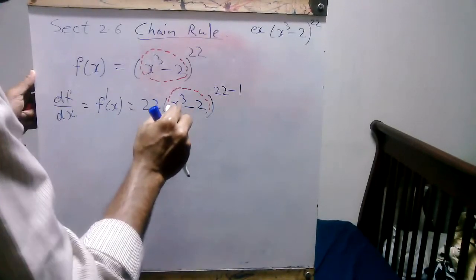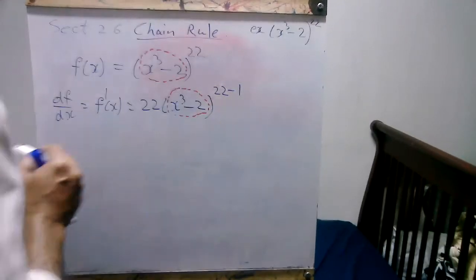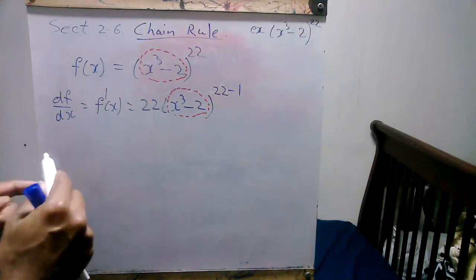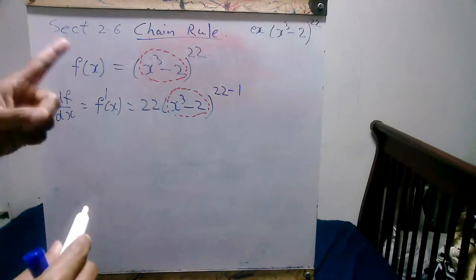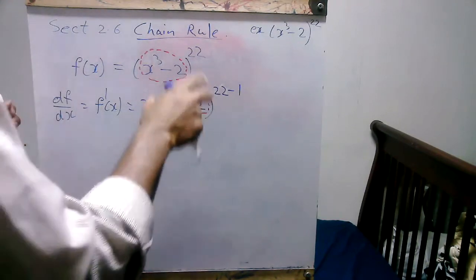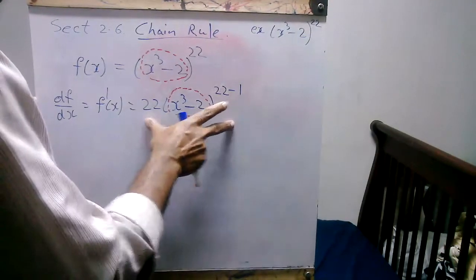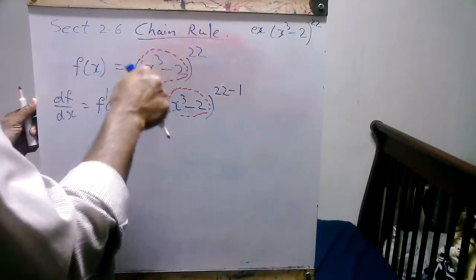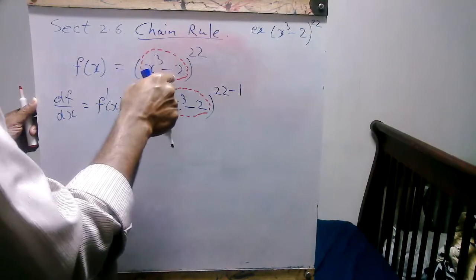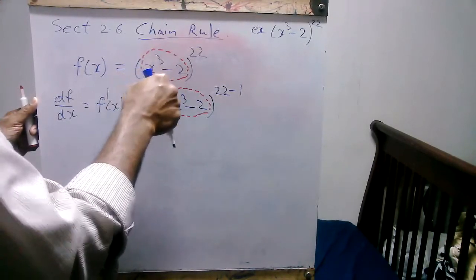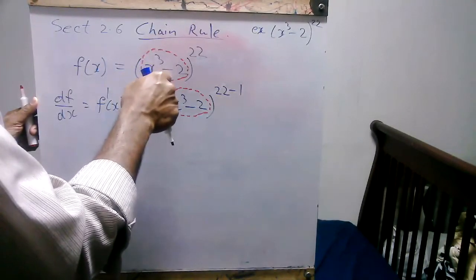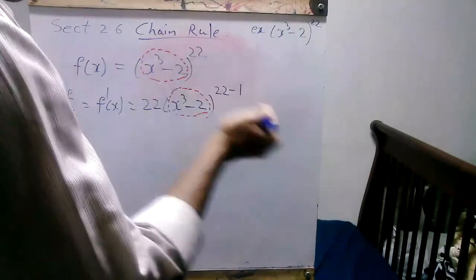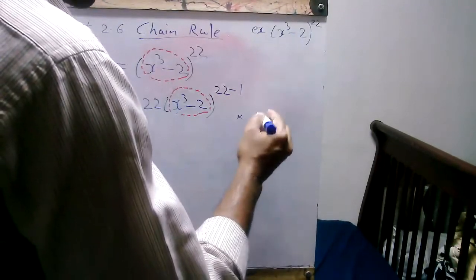What I did was simply use the power rule. But what the chain rule says is we have to multiply this by du/dx, meaning the derivative of the inside function, which we assumed as x cubed minus 2 equal to u or some other letter. So we've got to multiply this by the derivative of that.